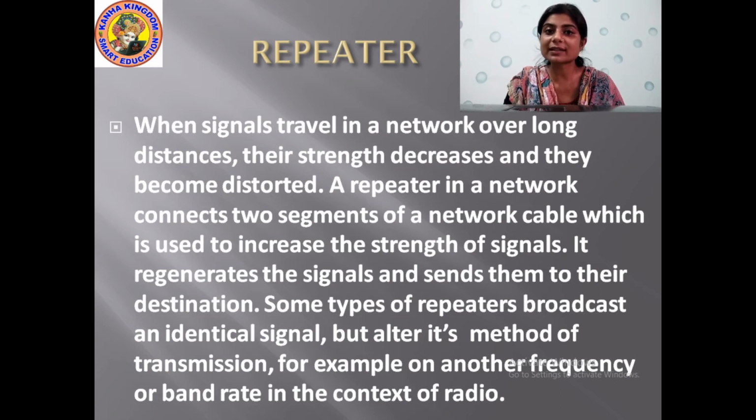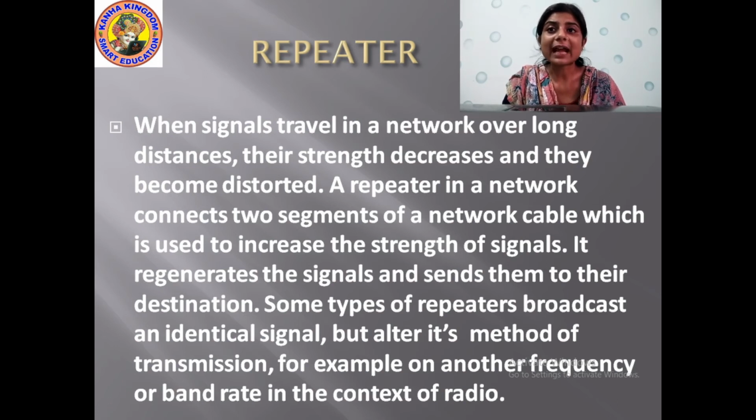This repeater, what does it do? If the data is stuck somewhere, it will regenerate it and send it to the destination where the signal is supposed to be sent. Okay. Then some types of repeater broadcast an identical signal but alter its method of transmission.